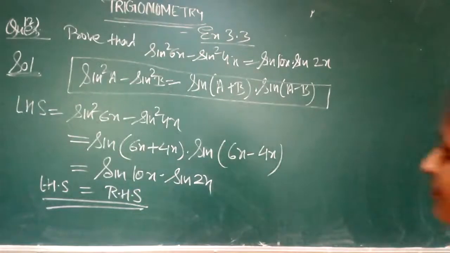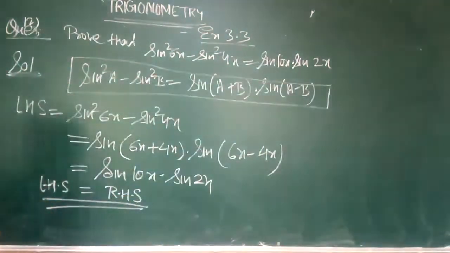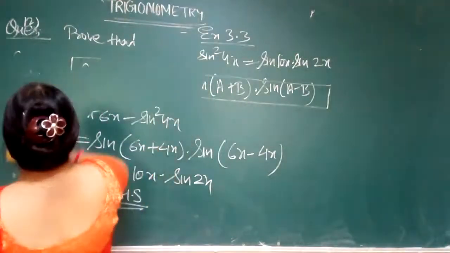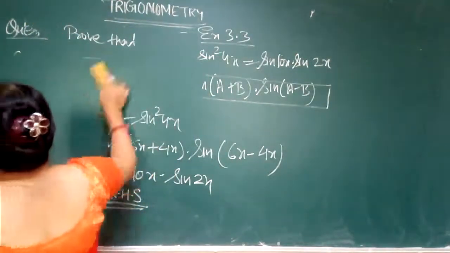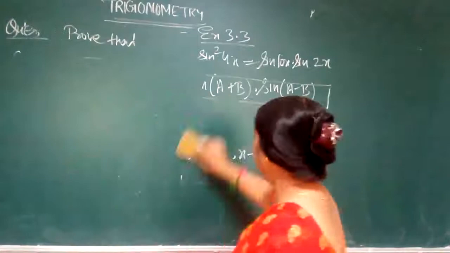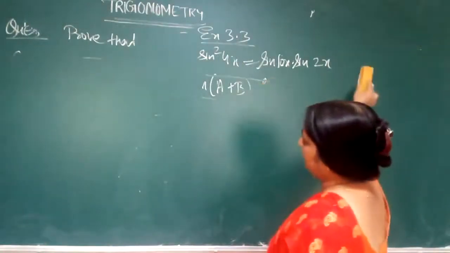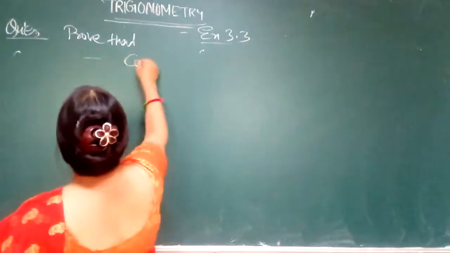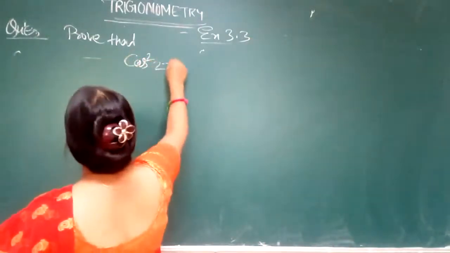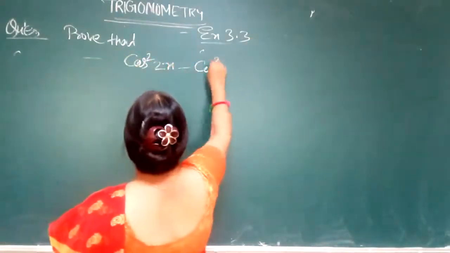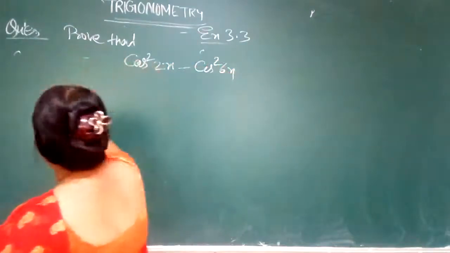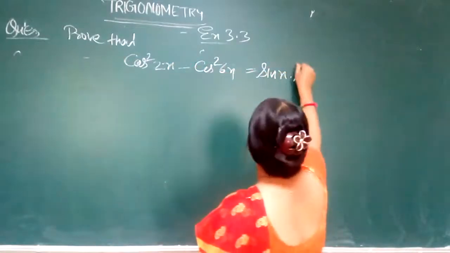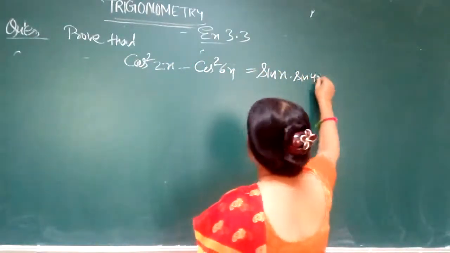Now after that we will solve the next question, that is question number 13. Now students, in question number 13 you have to prove that cos square 2x minus cos square 6x is equal to sin 8x into sin 4x.